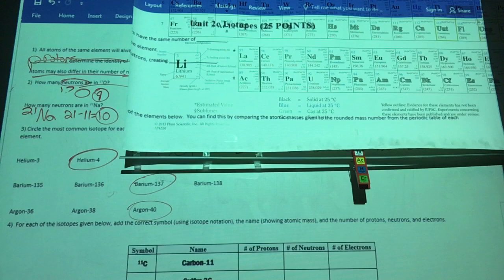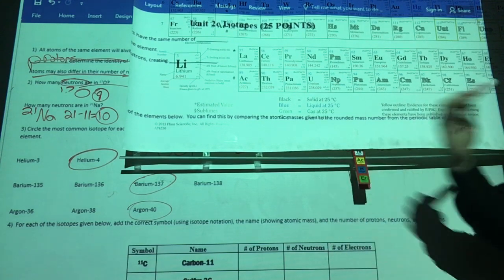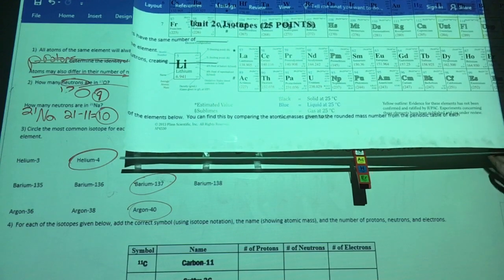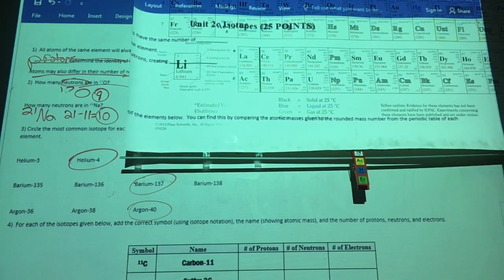Make sure you round that though, so don't circle 39. Go with the closest mass. Easy enough? With their summer homework, they came in and said they didn't know how to figure this out, and I said just go with the closest one, that's it. It wouldn't weigh 39.998 or whatever if most of the atoms didn't weigh 40.